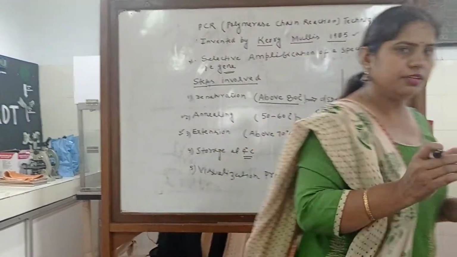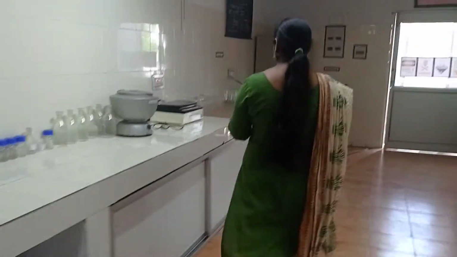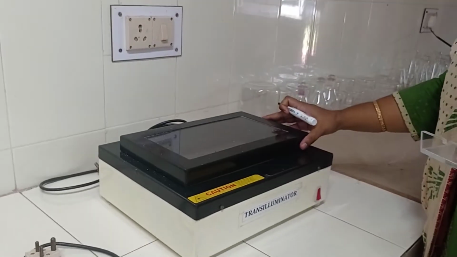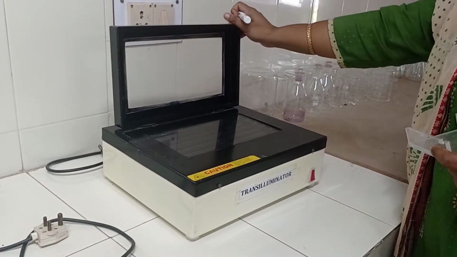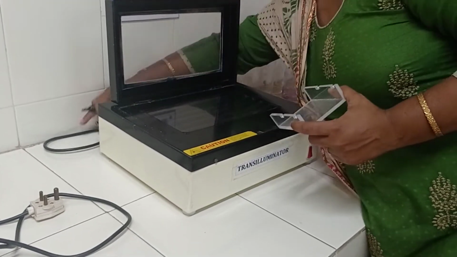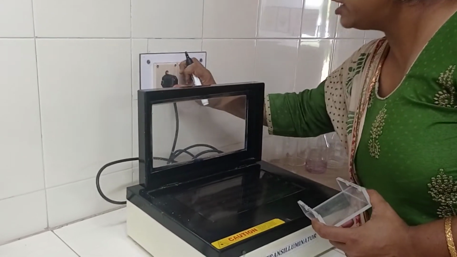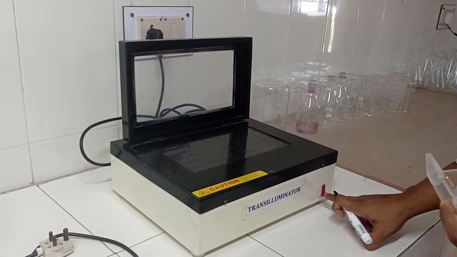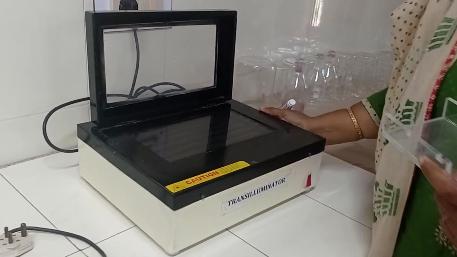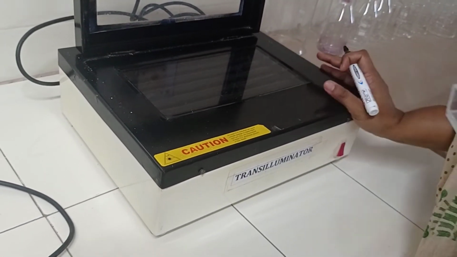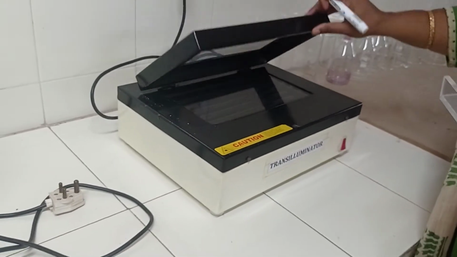So now you can see here, students, this is the trans UV illuminator. Here we will keep our gel and now give the power to it. Gel is here. Now under the UV, in the presence of UV, DNA shows fluorescence, so that DNA bands are visualized through the UV illuminator.